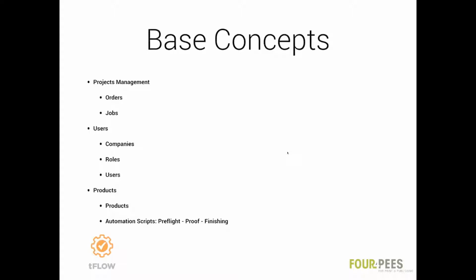An automation script that will handle the pre-flight, another automation script that will handle the proof, meaning how will that production file be represented in a proof view, and how can that proof be generated automatically, and a finishing profile that will handle, as the name itself declares, the finishing requirements for a job, whether that is how a die cut needs to be handled, or whether that are grommets that you want to add, varnish, undercolor white. All these elements, they can be defined in that finishing profile.